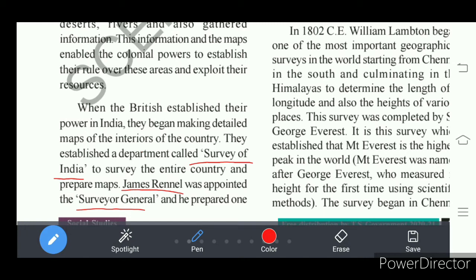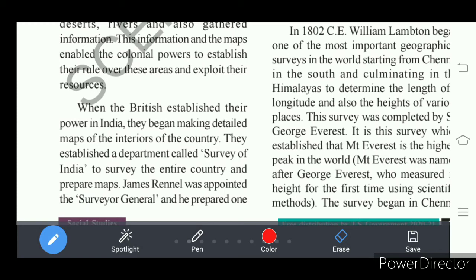So here, this person, James Rennell, prepared one of the first survey maps of India during the British period.